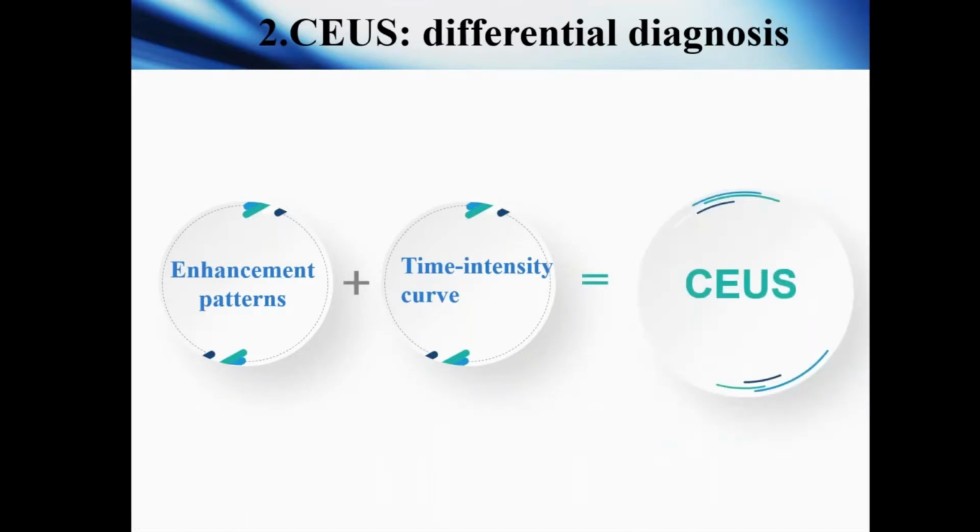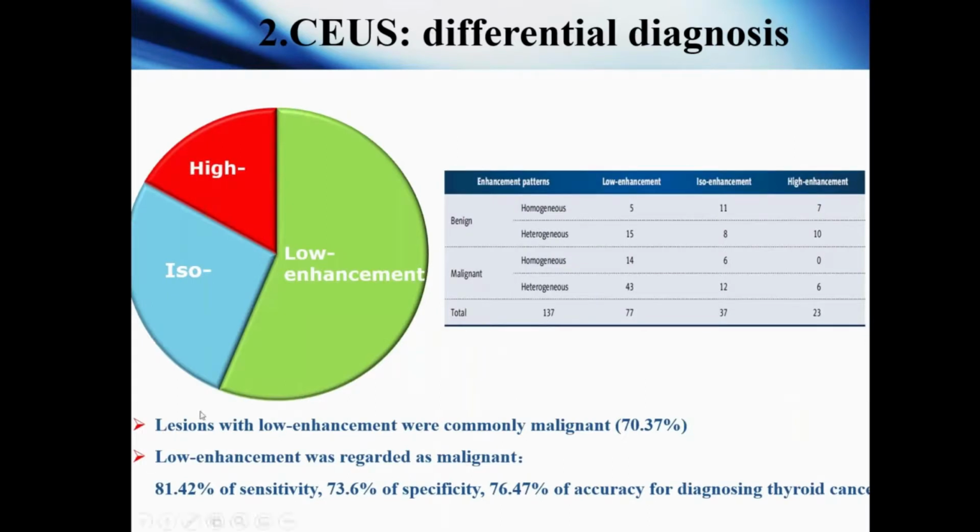The diagnostic methods of CEUS in thyroid disease include enhancement patterns and the time intensity curve. Solid thyroid nodules can display as low enhancement and high enhancement, and 17.4% of cancers with suspicious ultrasound appearance show high enhancement.